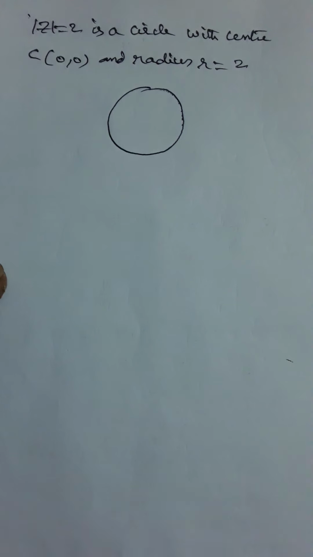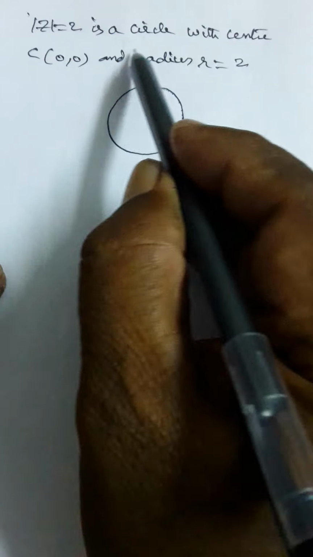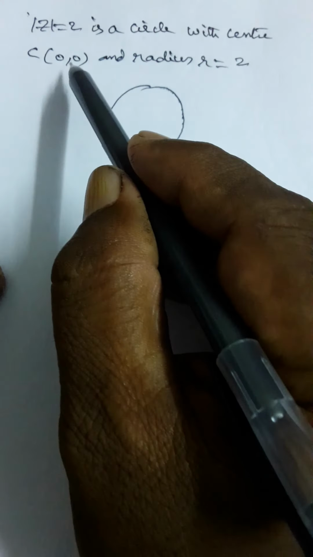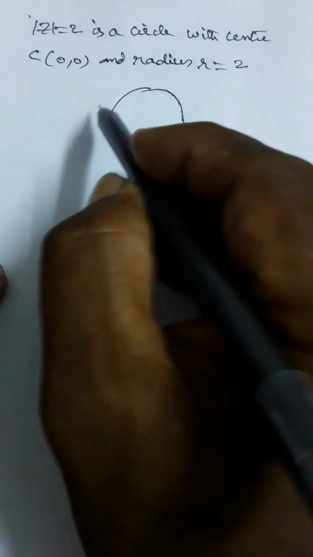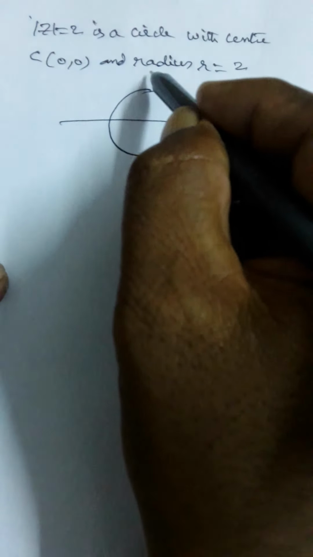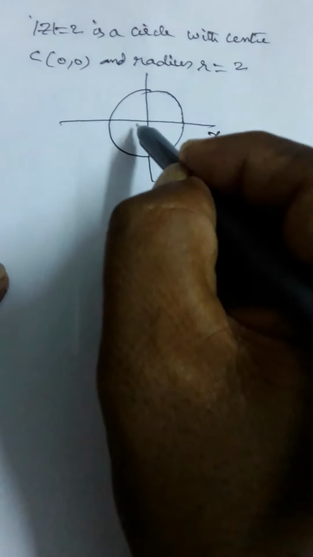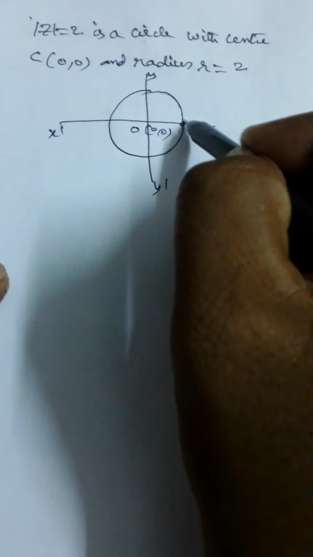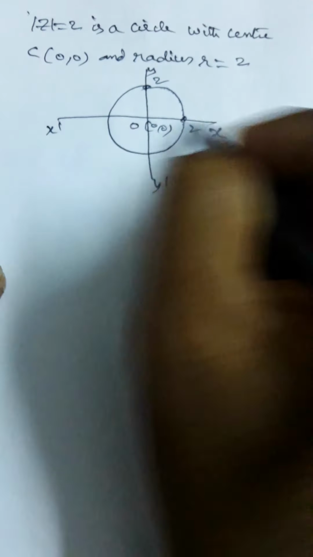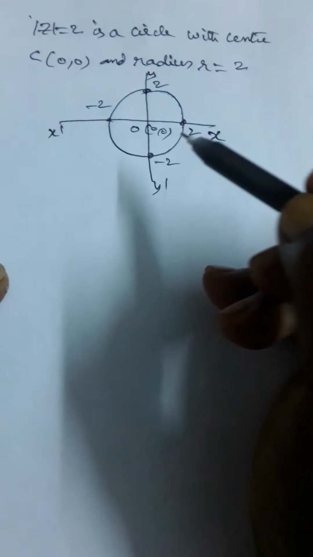|z| = 2 is a circle with center (0,0) and radius r = 2, on the x'x and y'y axes, from -2 to 2.